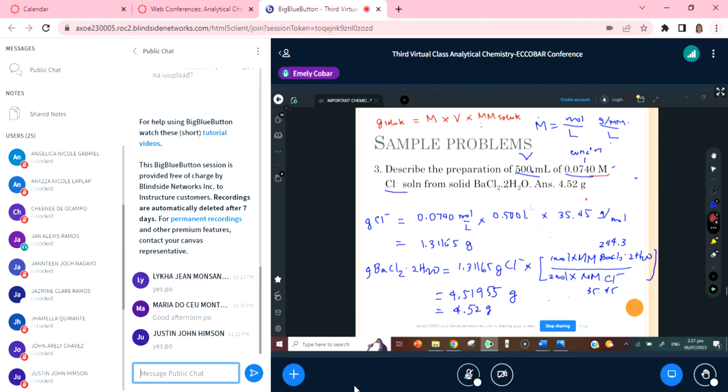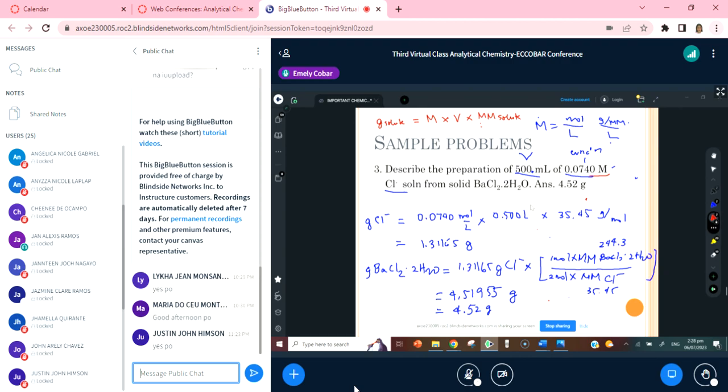The molar mass of barium chloride dihydrate is 244.3. We can see that there are 2 chlorines in barium chloride dihydrate, so I should multiply the molar mass of chloride by 2, to balance the number of chlorines in these 2 substances.